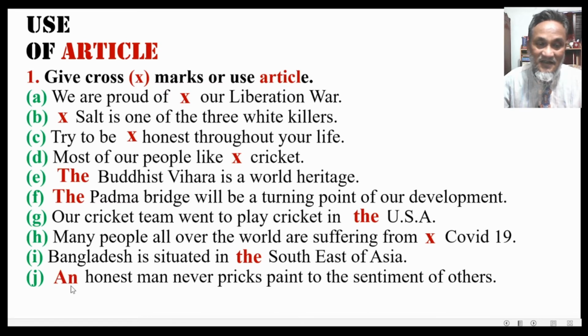Please, friends, realize this honest: we use a cross, and for this honest we use an. Why? There is no noun after the first honest. That's why we use a cross here, and there is a noun after the second honest. That's why you use an here.